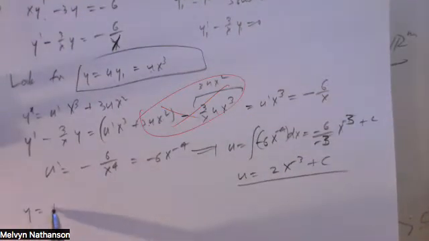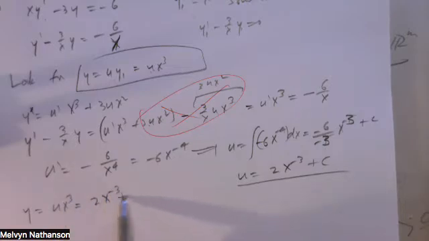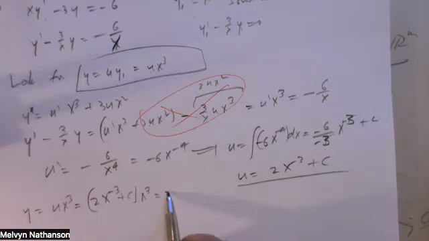So y, which is u x cubed, is 2x to the minus 3 plus a constant times x cubed, which is 2 plus cx cubed.